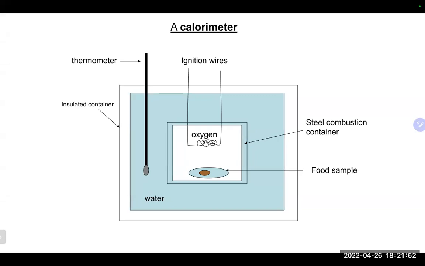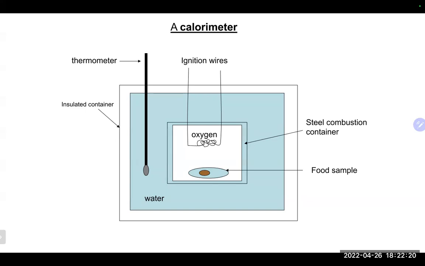It's not going to lose any heat to the environment. And basically you set that piece of food on fire. As the food is burning, it transfers the heat and energy to the water. By simply monitoring the temperature change and using the specific heat equation, you could calculate how much heat is lost by the piece of food, and you could figure out how many calories that is as well.